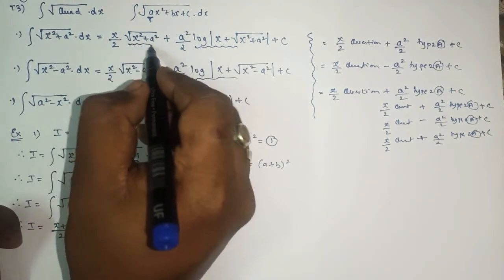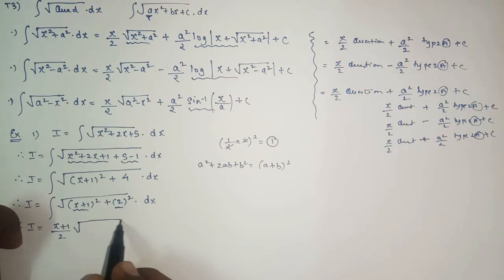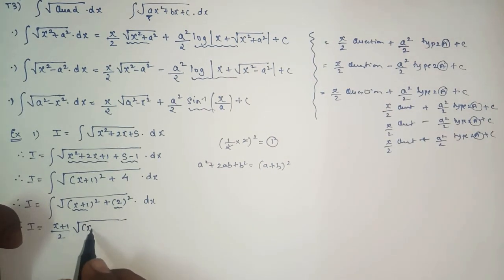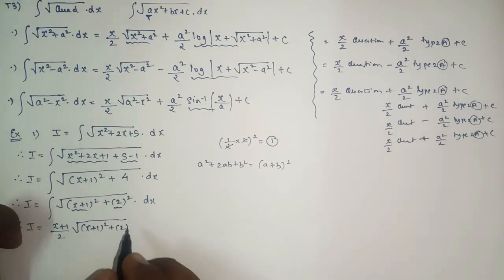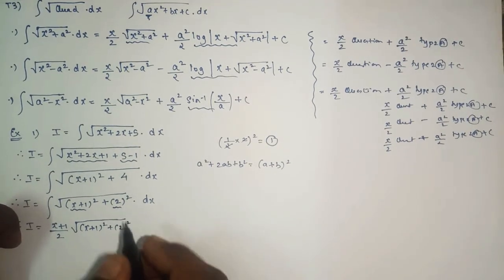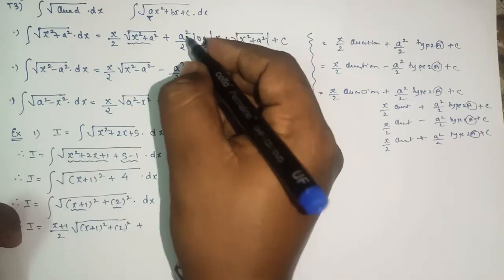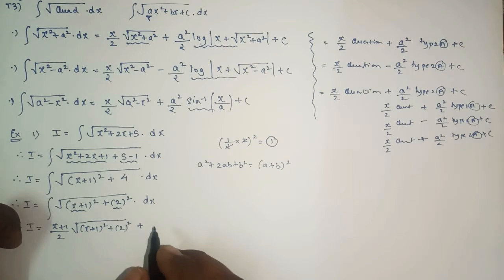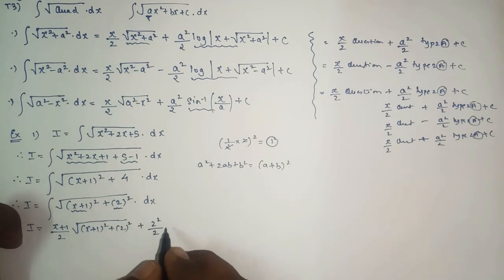This is the same question, no? Yes or no? So we'll write the same question now, that is (x plus 1) the whole square plus 2 square, yes or no? Then after that plus a square upon 2, here a is 2, so we'll write 2 square upon 2.